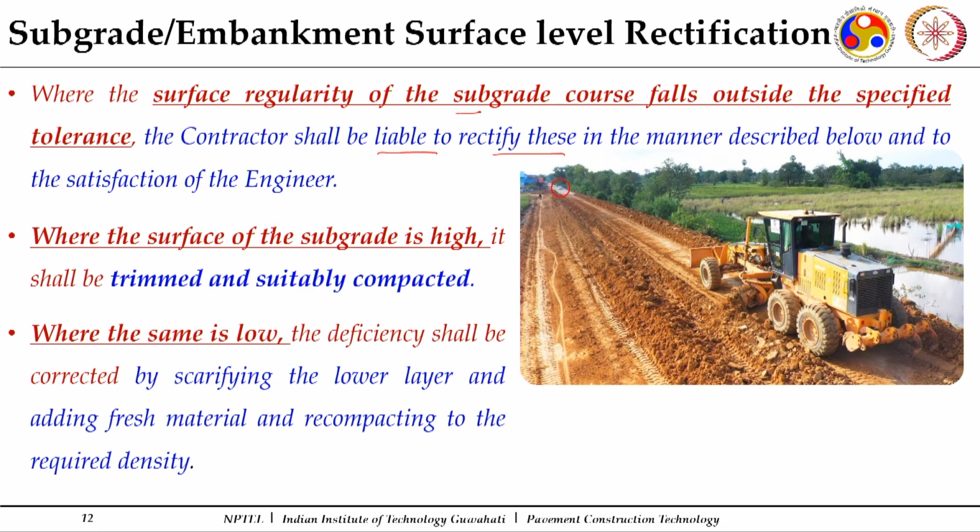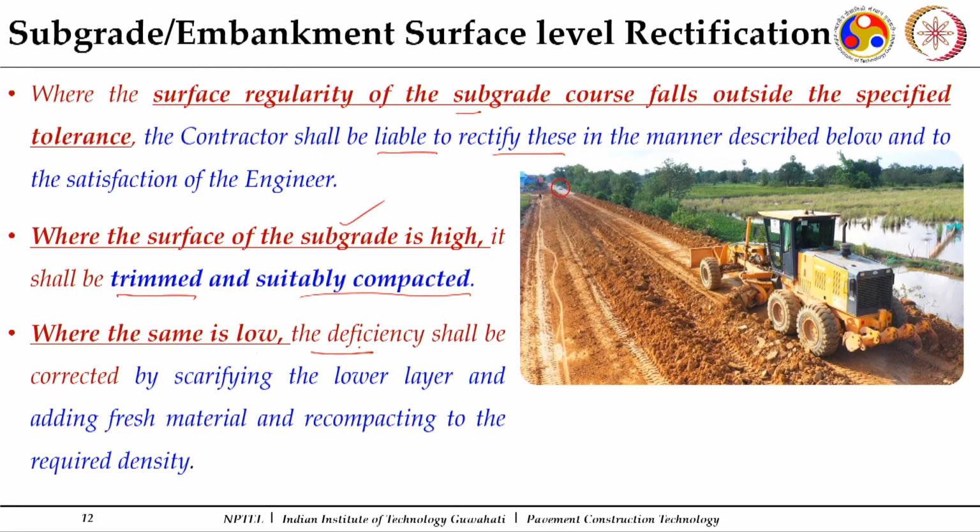Where the surface of any subgrade layer is high, it shall be trimmed. You can use a grader or a dozer, trim it, and then suitably compact it. So, a particular depth which is found to be high needs to be trimmed and recompacted.